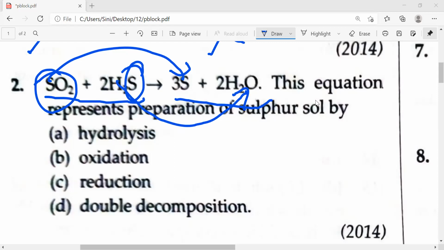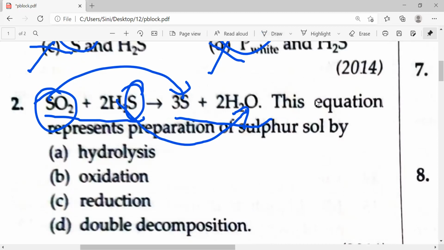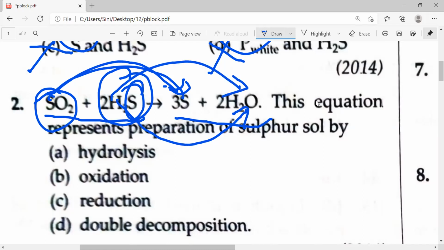See, first thing, I have to tell you about this question. Sulfur in sulfur dioxide is getting reduced to sulfur, correct? And the sulfur atom in H2S, what is happening? It is getting oxidized, right? So SO2 is reduced to sulfur. I'll write in words.